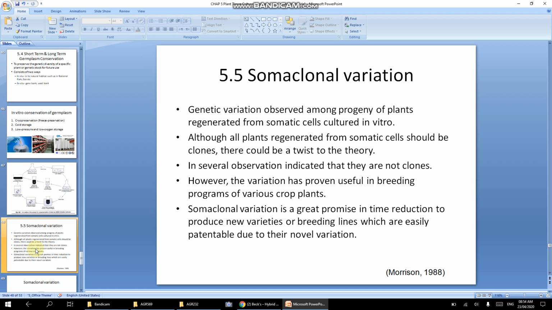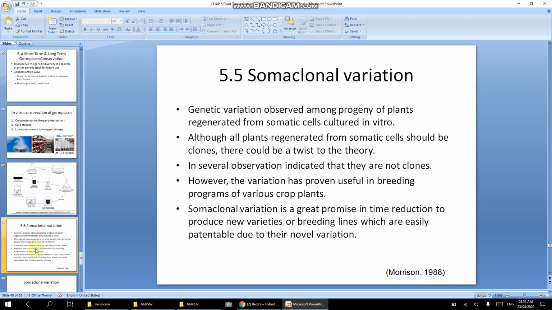Somaclonal variation is a great promise in time reduction to produce new varieties or breeding lines which are easily patentable due to novel variation. Although you thought that all of the plants in one flask are clones, sometimes there could be a reason that causes them to be different.